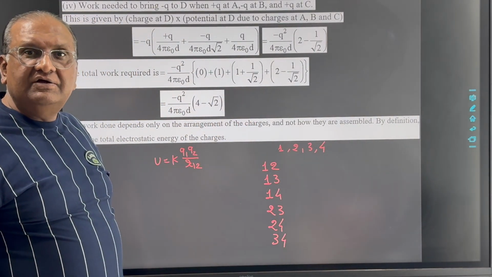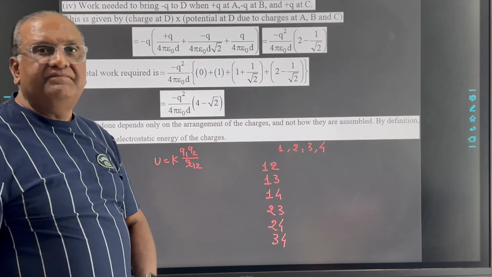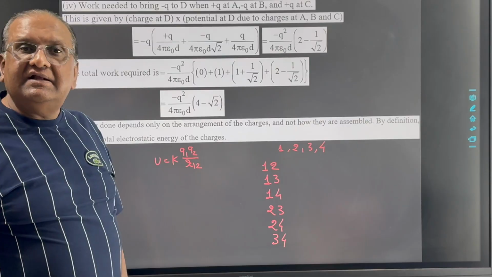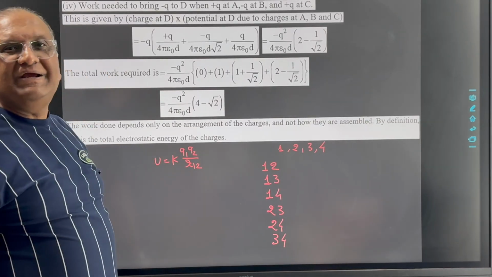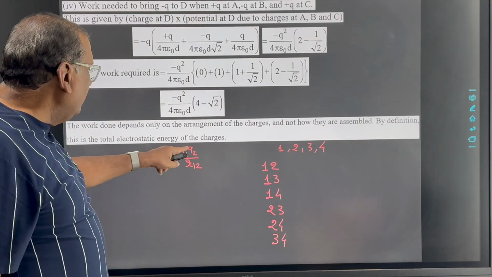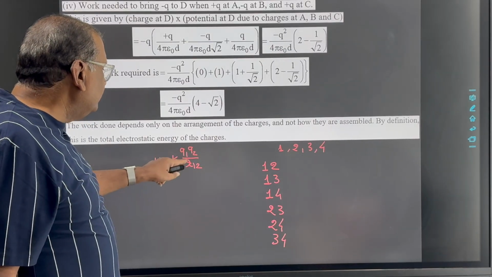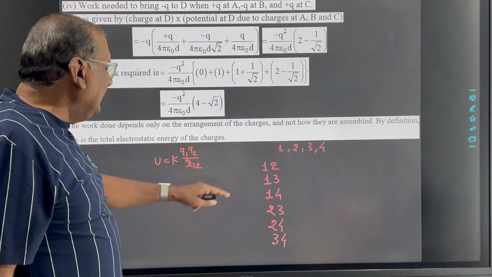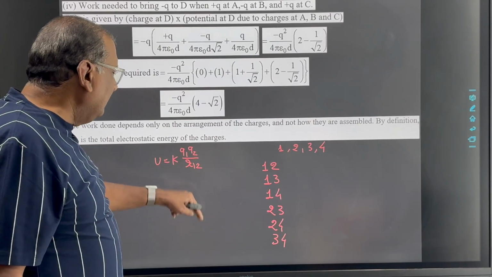Clear? So here now for each pair, we take the potential energy as per this equation. For 1, 2 we can write Q1 Q2 upon R12. For 1, 3, Q1 Q3 upon R13. Then for 1, 4, Q1 Q4 upon R14.